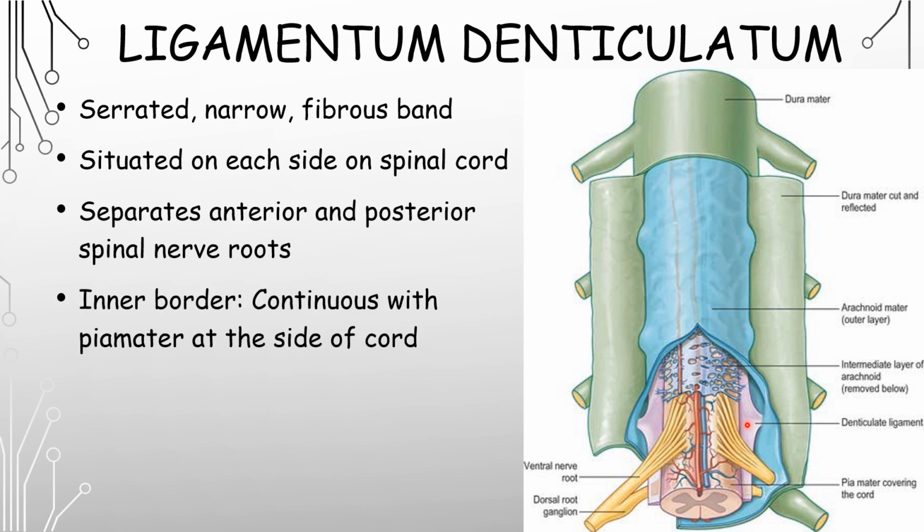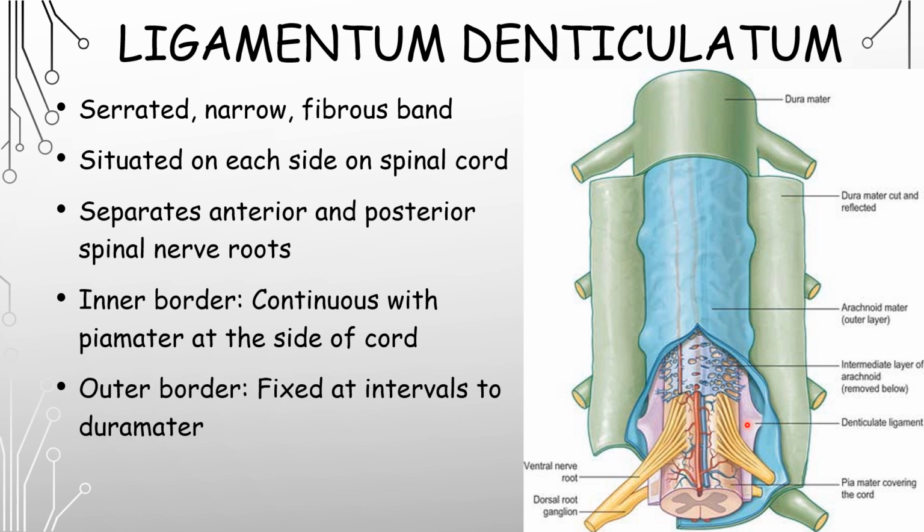Its inner border is continuous with the pia mater at the side of the spinal cord, while the outer border is fixed at intervals to the dura mater. The main function of the ligamentum denticulatum is to support the spinal cord.